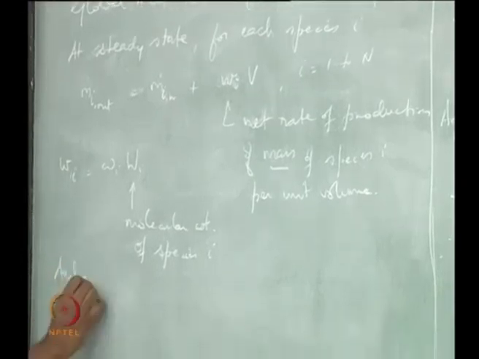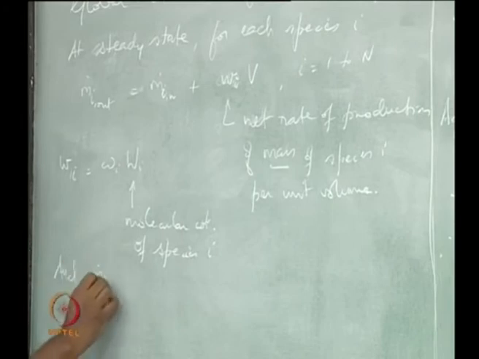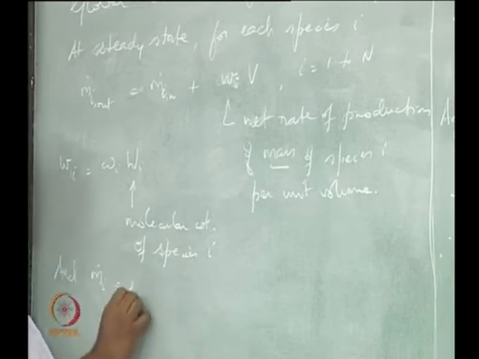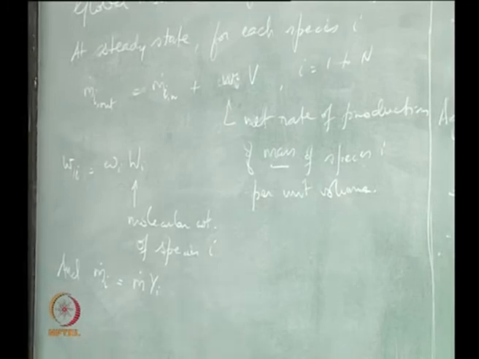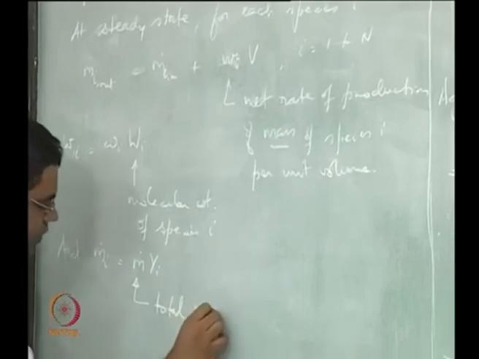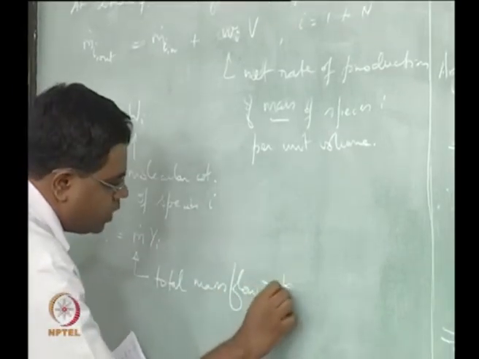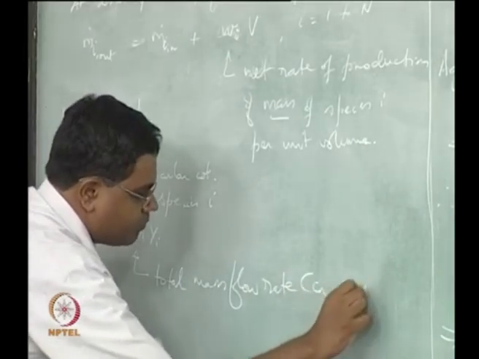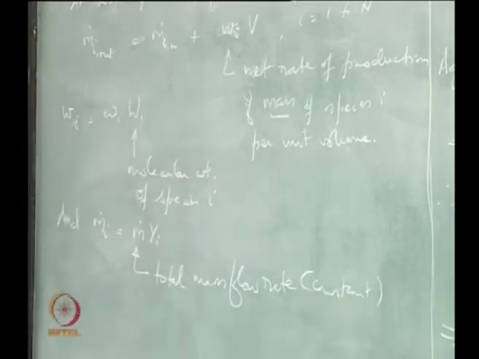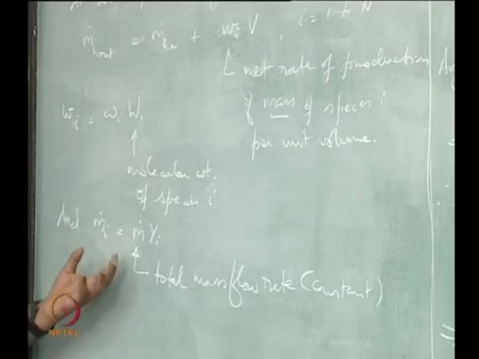And m dot I equal to m dot times yi, and this m dot is the total mass flow rate, which is a constant because we have steady state. Okay, and that's a parameter in the problem that tells you what's the throughput we want to handle in this system.